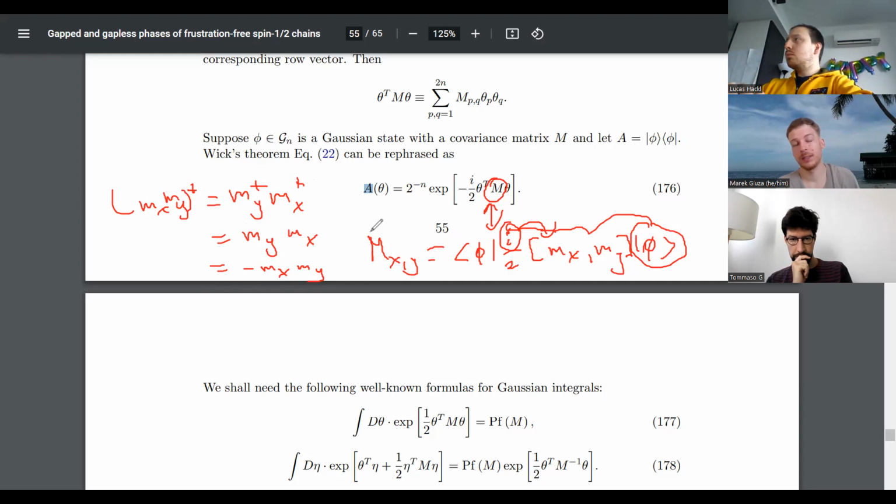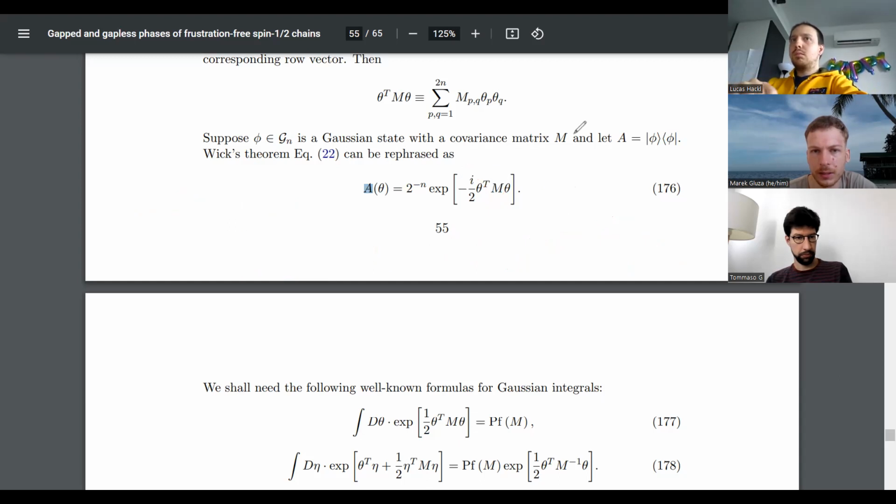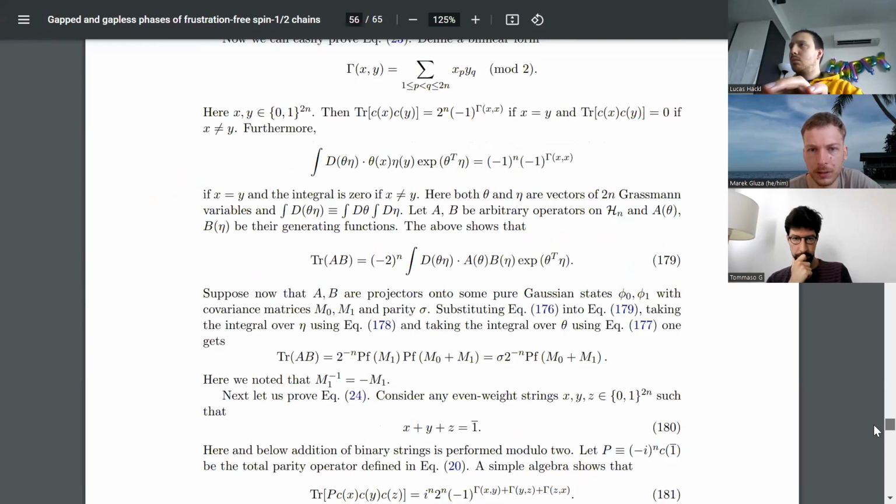So anytime you get something anti-Hermitian, then you add an I, and you make it into an observable. So this I is actually coming from this kind of stuff here. Okay, so that was just a recap, because we will be now working a lot with Gaussian states.